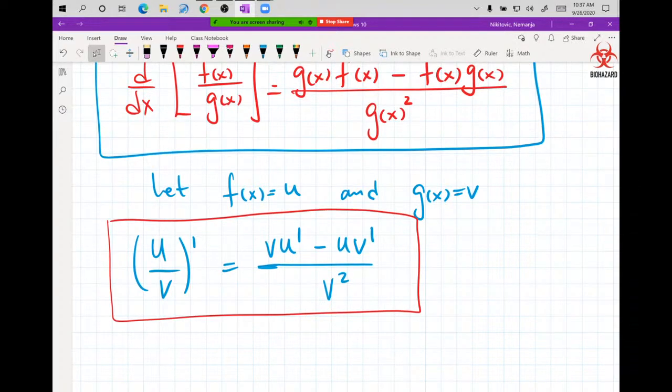Again, being a visual learner, I memorized that that's squared. The denominator just became squared, and I start with the same up there, and then there's just a minus instead of a plus, because it should obviously be the opposite of the product rule.